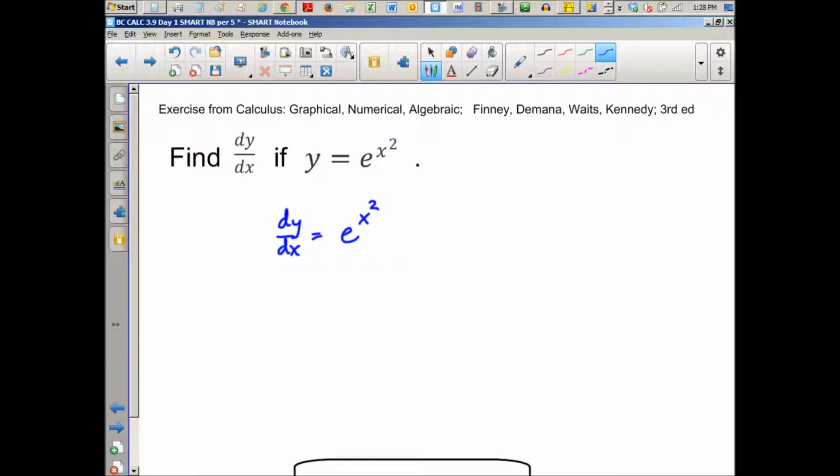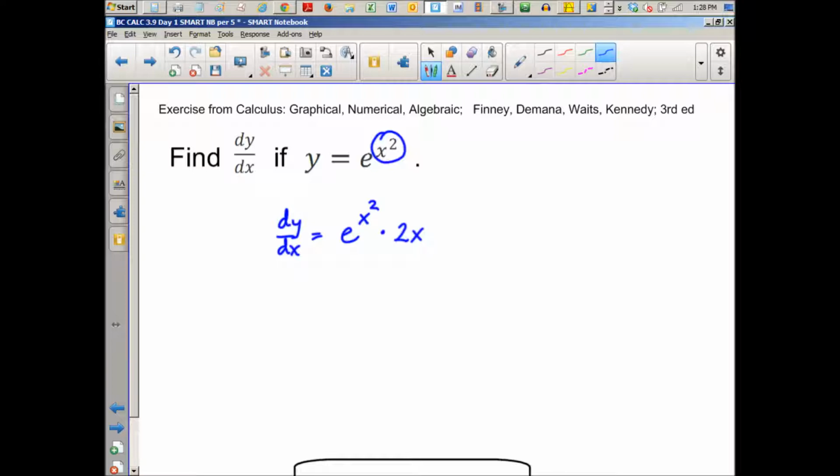The chain rule is always working. If you haven't taken the derivative of x squared yet, you aren't done. x squared is nested inside our e to the x function. So we are going to now have to do the derivative of that. And that's the answer. Okay, so the answer is e to the x squared times 2x. Let's try another one. I have a ton of examples, so try to copy quickly.